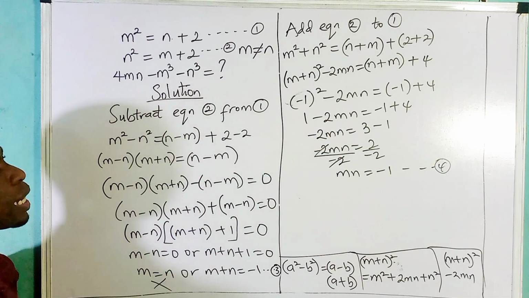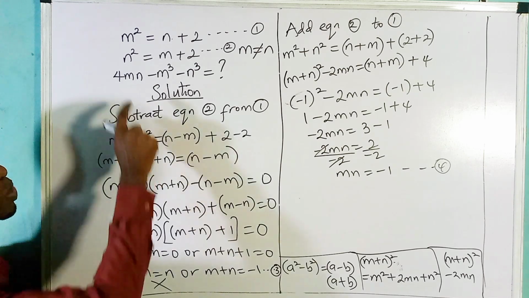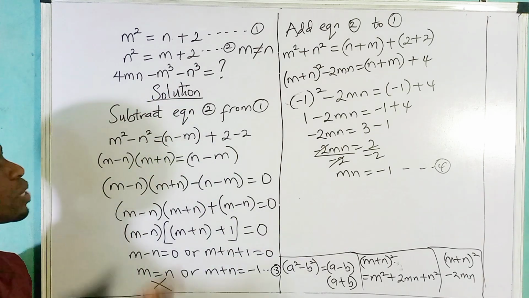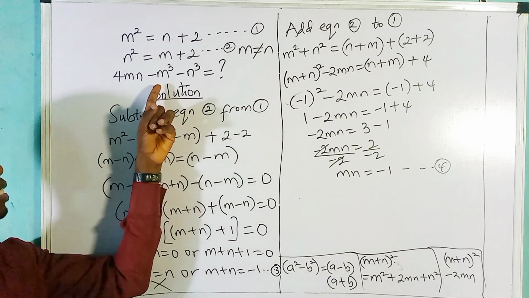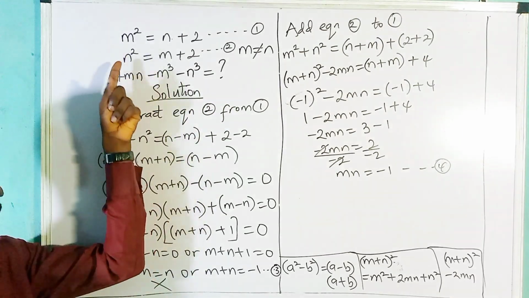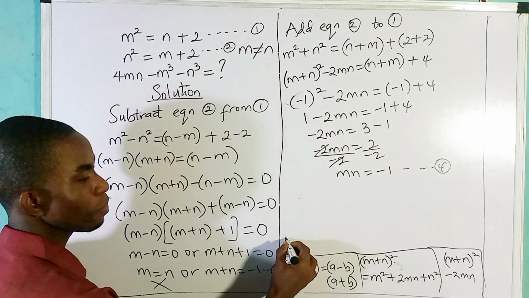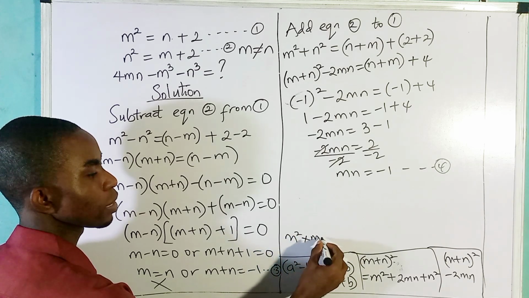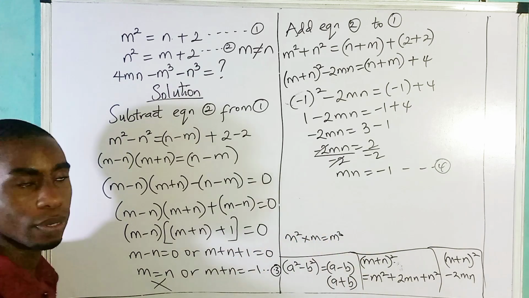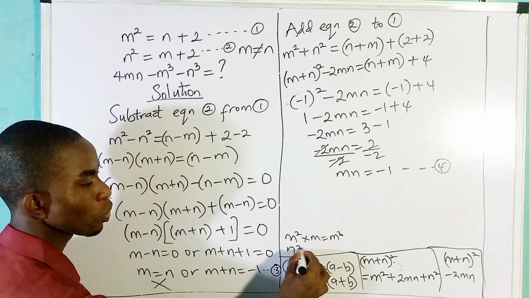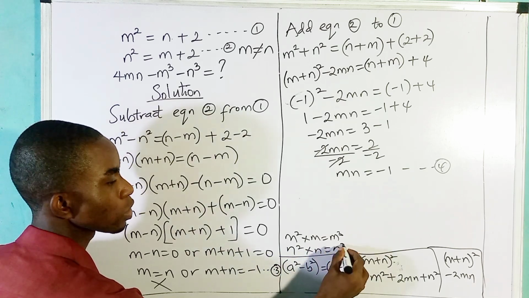Okay, so can we come back to the question now? The question has something different, m cubed, n cubed, but we are given m squared, n squared. But if I say m squared times m is the same thing as m cubed, right? If I say n squared times n is the same thing as n cubed.